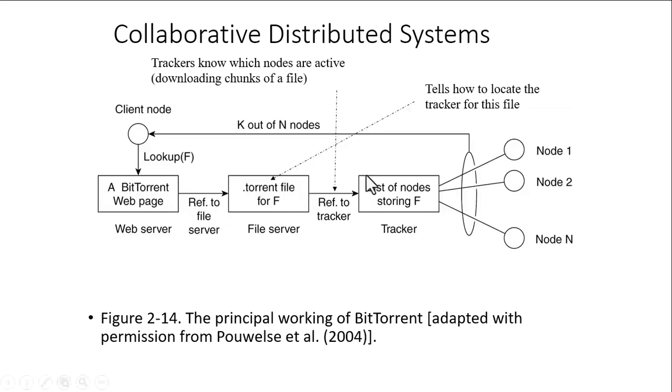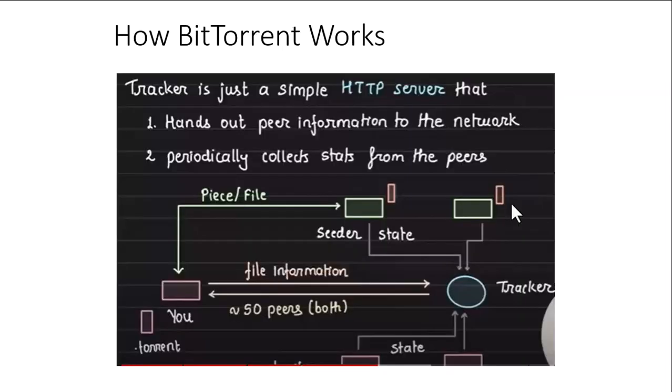He will provide the address of the file that is on the file server. It will call a tracker, and the tracker will look for the file in different nodes, and then in parallel distribution the file will be downloaded from different nodes in less time.